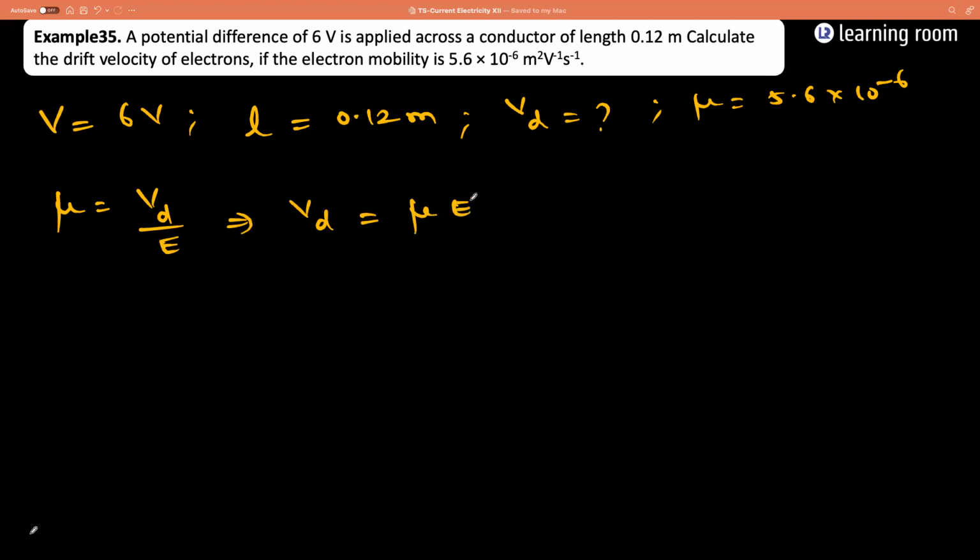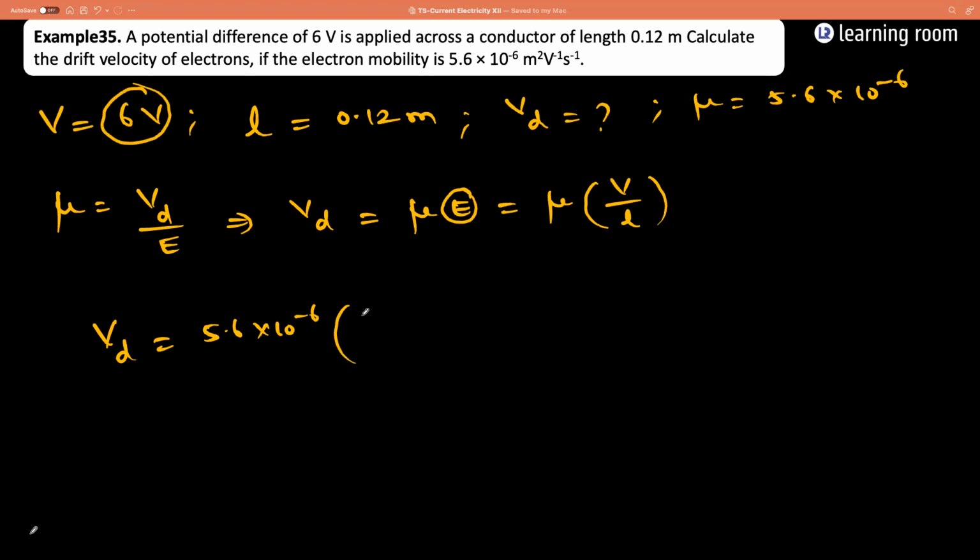So how do you write electric field in terms of potential and length? It is E equals V by L, because of the potential gradient concept. So vd is equal to mu, how much, guys? 5.6 into 10 power minus 6 into the potential difference 6 divided by the length 0.12, or it is going to be 600 divided by 12.